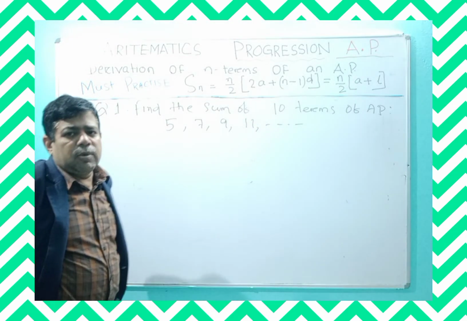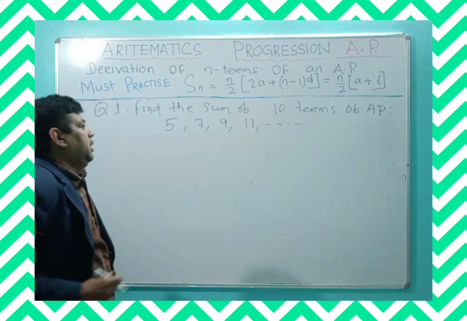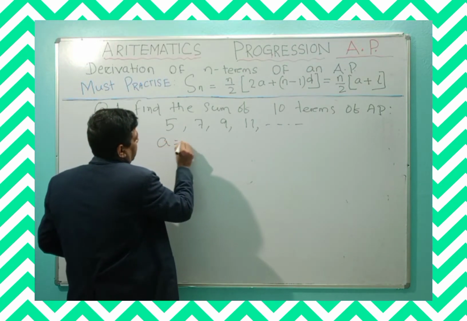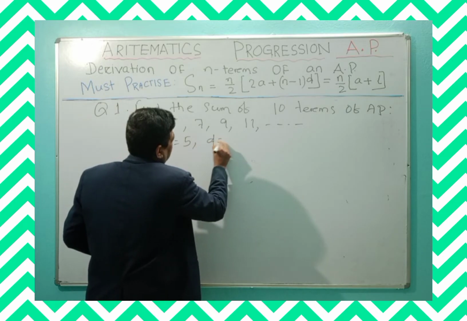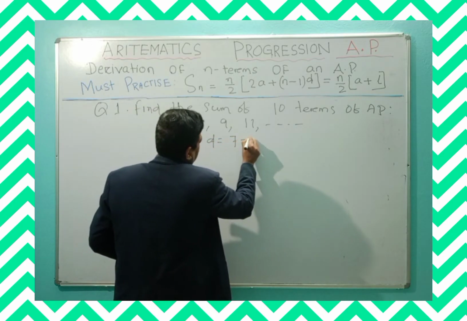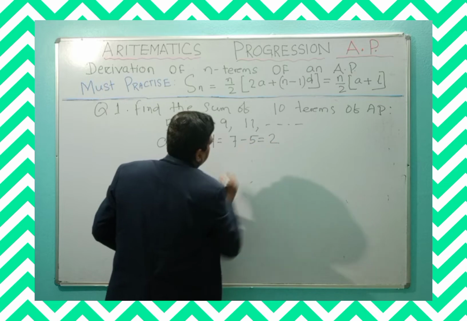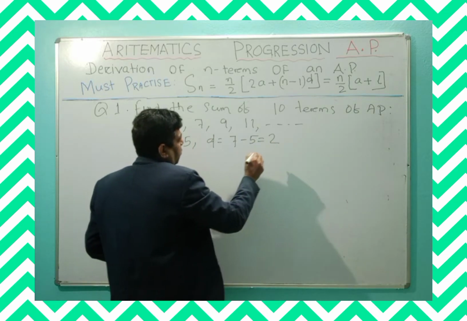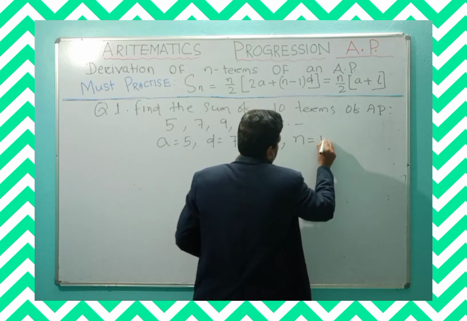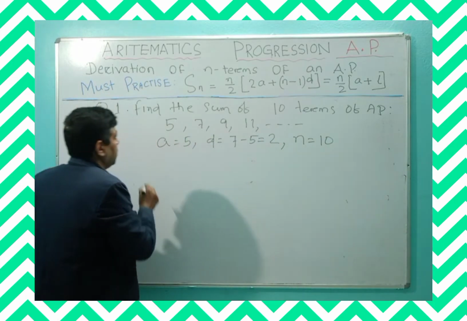We have to find the sum of n terms of the AP. Here a is equal to 5. D is the common difference, which is 7 minus 5, second term minus first term, which is 2. And the total number of terms to add is 10, so n is equal to 10, right? So let us write the formula Sn.